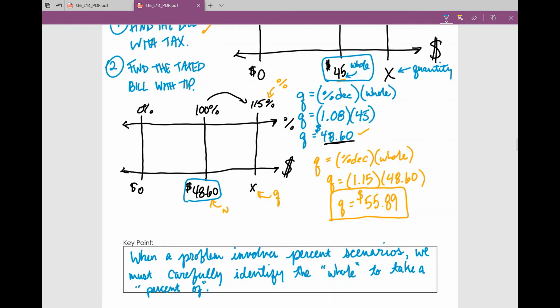Okay? When a problem involves percent scenarios, we must carefully identify the whole to take a percent of.